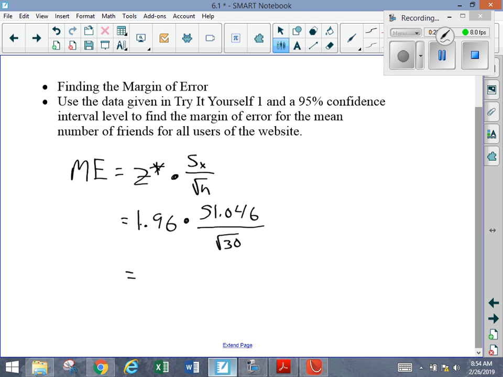Alright, so that turns out to be 18.26. So there is our margin of error.